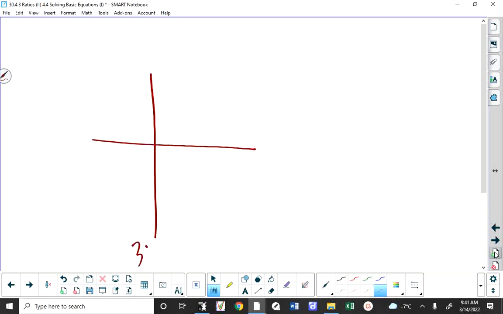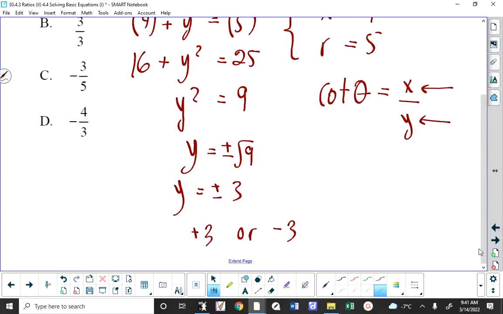Here's 3 pi over 2. Here's 2 pi. And we know that theta is between those numbers, so theta has to be in this quadrant. And that means that y is negative. So now that we know y is negative 3, we can kick this one out. Y is negative 3.